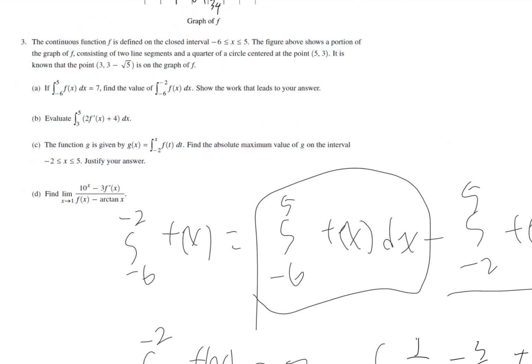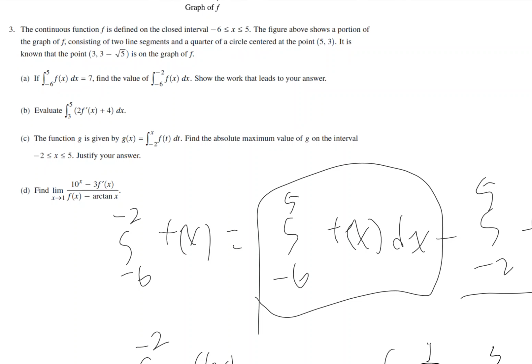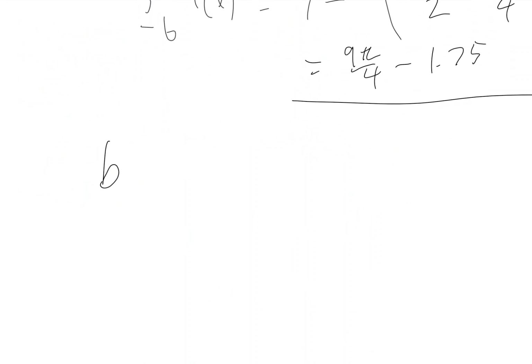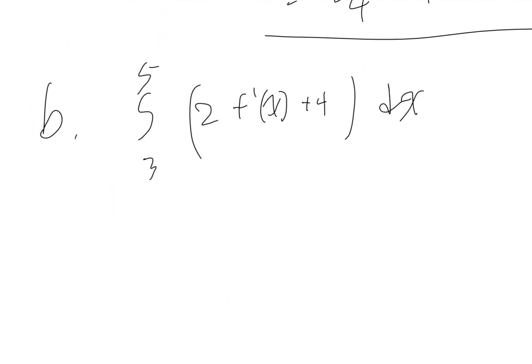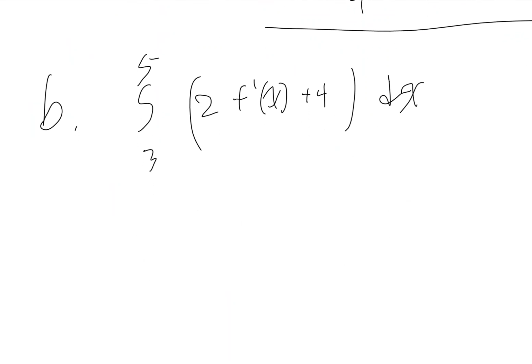Now B, evaluate the integral of 2 times f prime of x plus 4 dx. So I guess we can simply integrate it first because we already know everything. The integral of f prime is f, and then the 2 is just there, plus 4x, and then from 5 to 3.